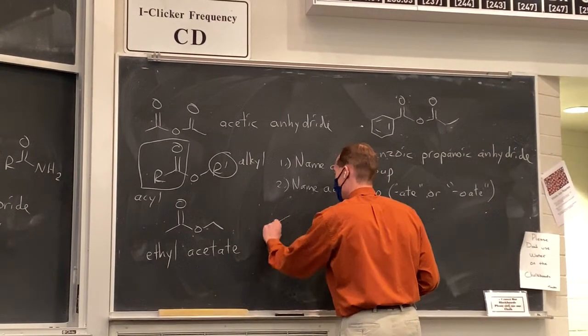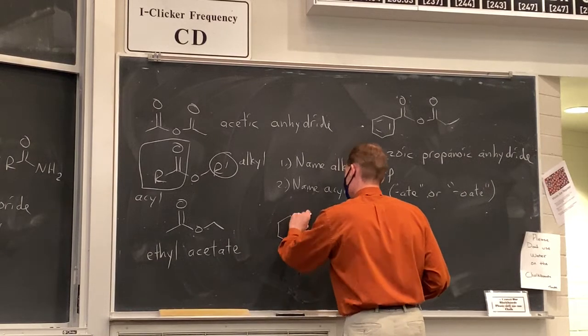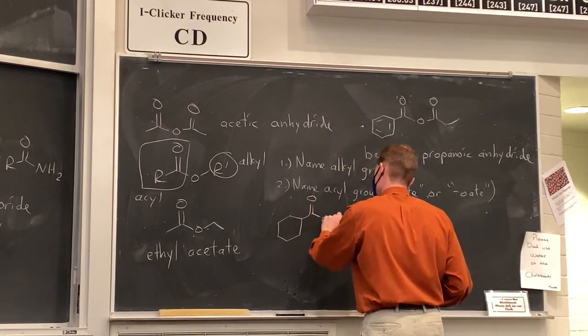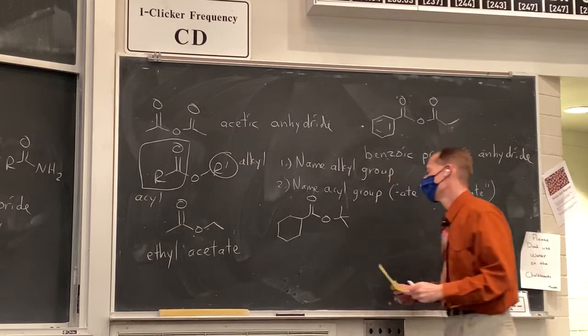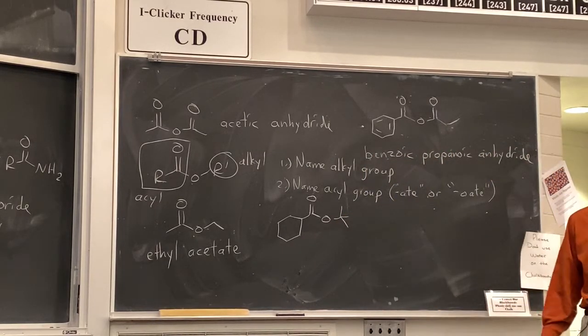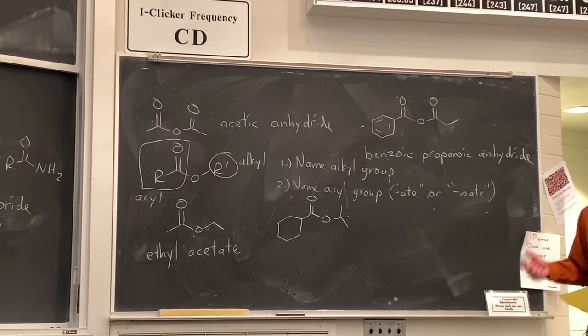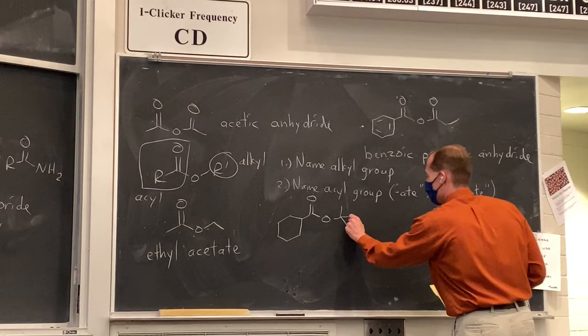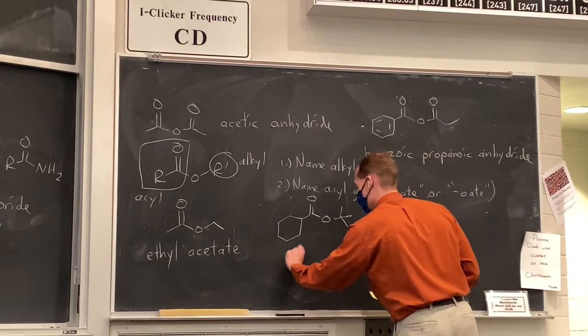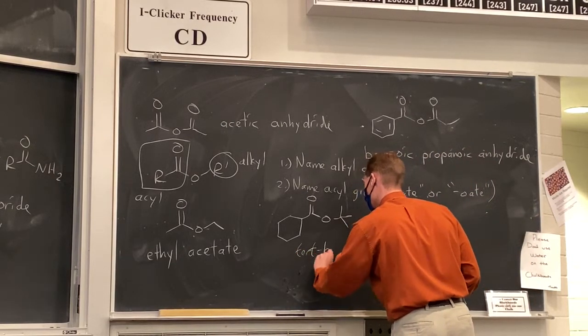Let's do a cyclic one. What's our alkyl group? This is a tert-butyl group, these 4 carbons here. So tert-butyl.